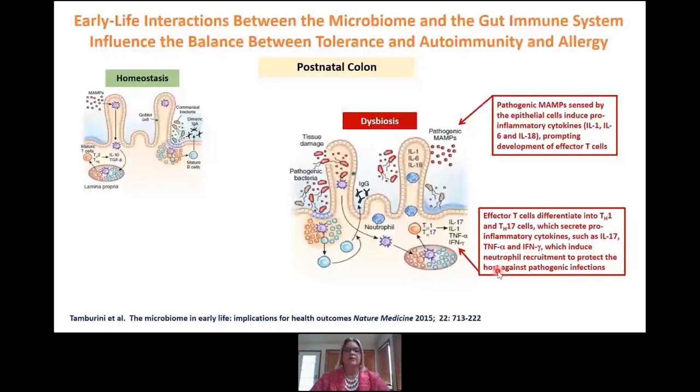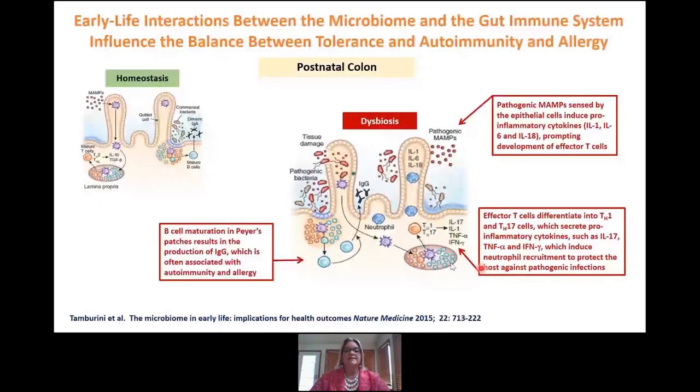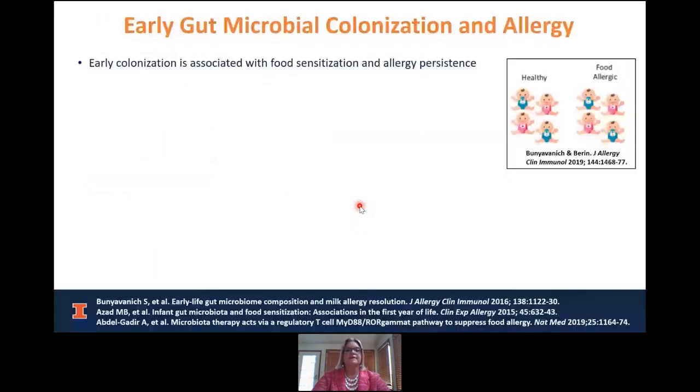And basically we're also seeing that B cell maturation in the Peyer's patches is inducing IgG instead of IgA. So simply by having the pathogens and affecting the mucosal barrier, you can put that infant towards a much more pro-inflammatory state.